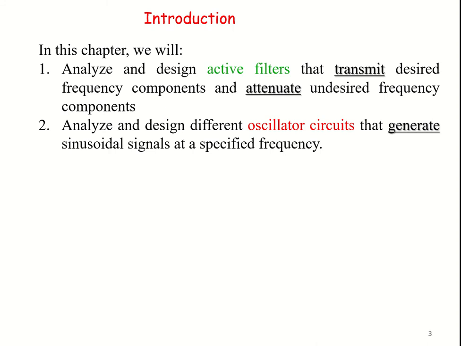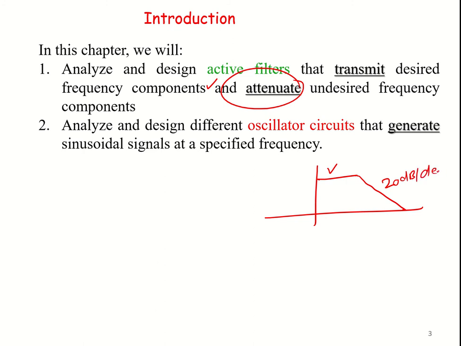The advantage of the op amp is impedance matching. For that we will learn how to analyze the transfer function of those filters and what the attenuations will be. For example, for a low pass filter, we have a maximum gain here, and then it will attenuate, usually at the rate of 20 dB per decade.